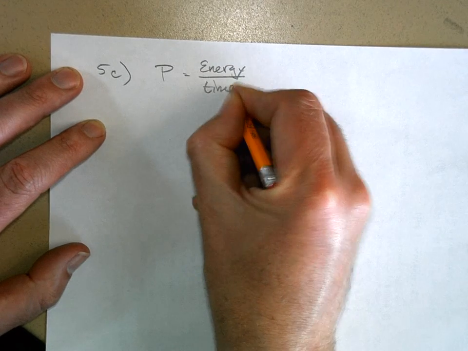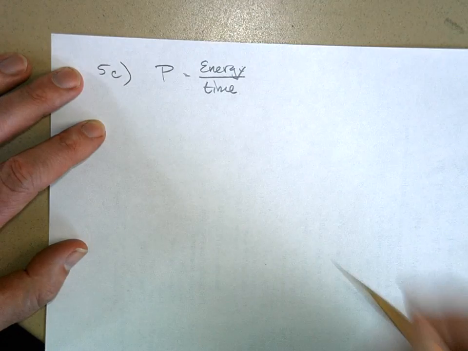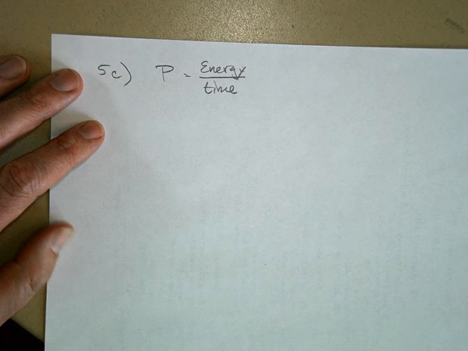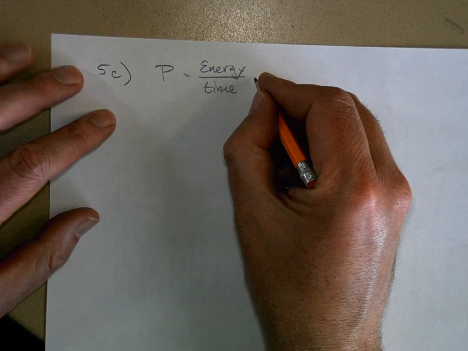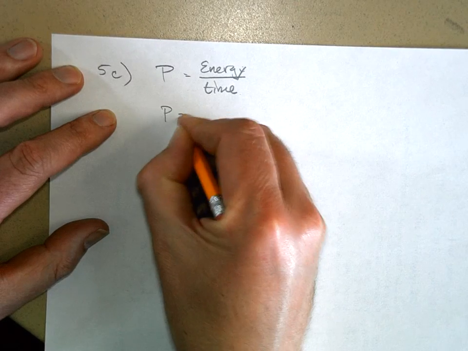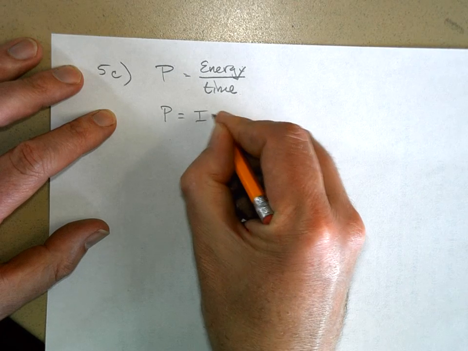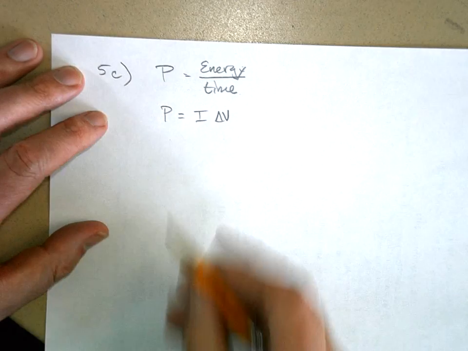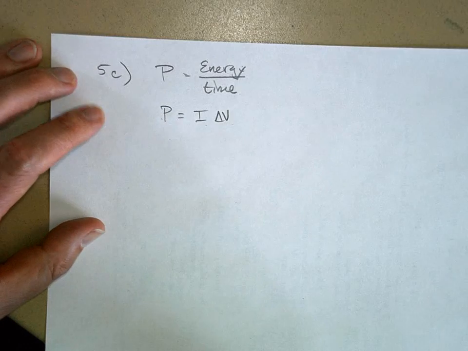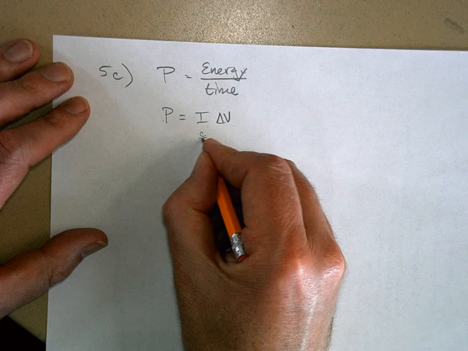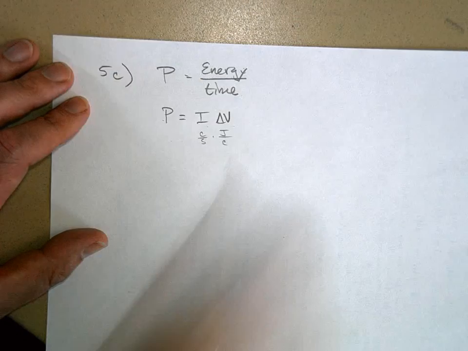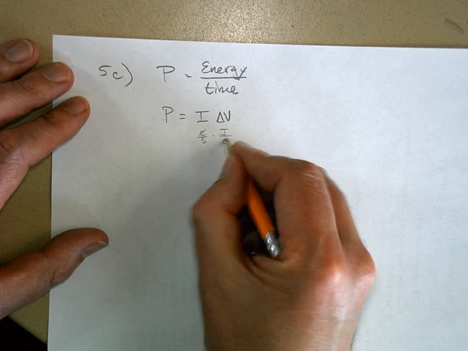You really need to understand that. That's joules per second. What's a joule per second? It's a watt, right? Now, the equation is I times delta V. P equals IV. Now this makes sense, right? Look at this. This is a coulomb per second. This is a joule per coulomb. The coulombs cancel. I get a joule per second.